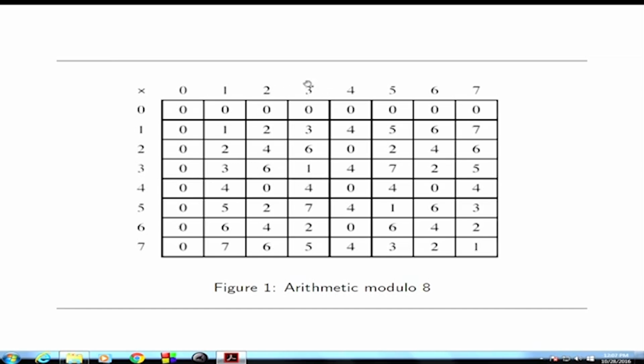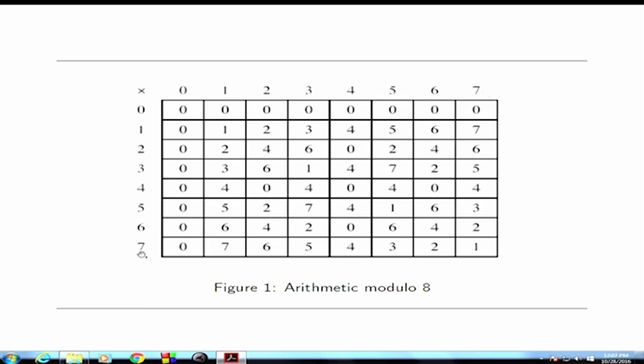That is also 3. So, 3 has an inverse under mod 8, and if you take 4, 4 has no inverse under mod 8. If you take 5, 5 has an inverse under mod 8, which is again 5. Okay. So, 6 has no inverse, because there is no 1 in this row, but 7 has an inverse, which is 7.